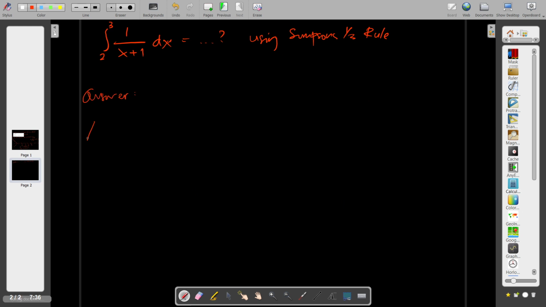It is equal to delta x divided by 3, and then y0 plus 4y1.